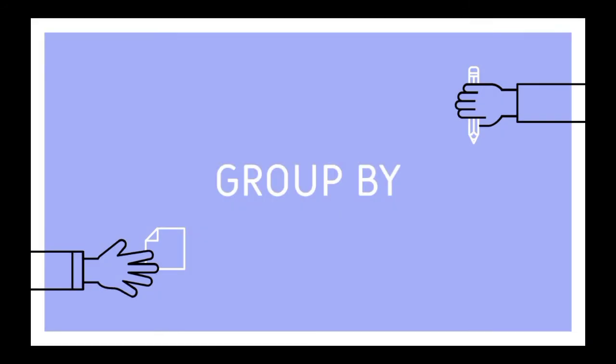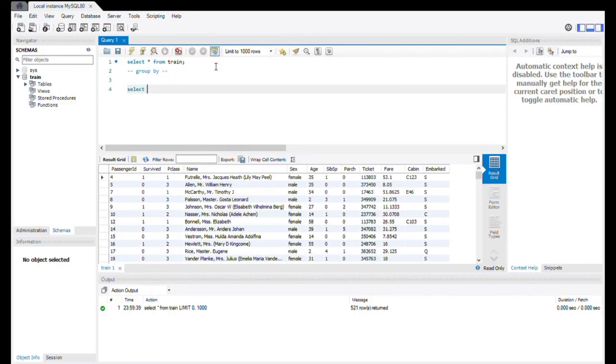Next is GROUP BY. We use this keyword to group rows that have the same values into summary rows. For example, type SELECT name FROM train GROUP BY age. Highlight the code and execute.